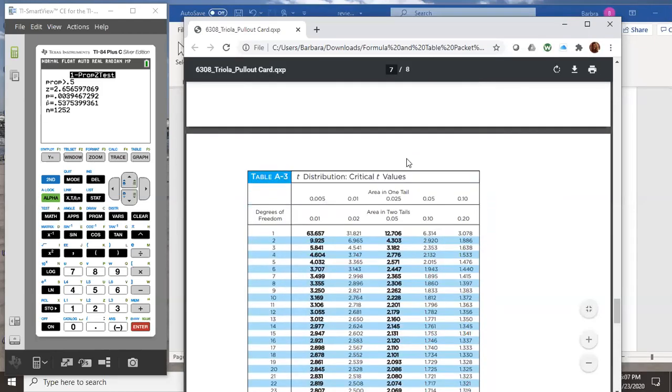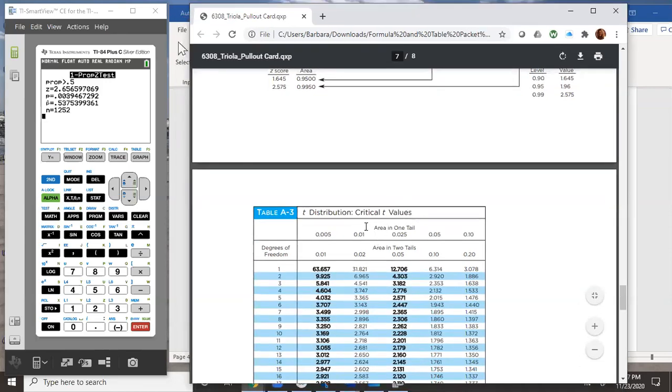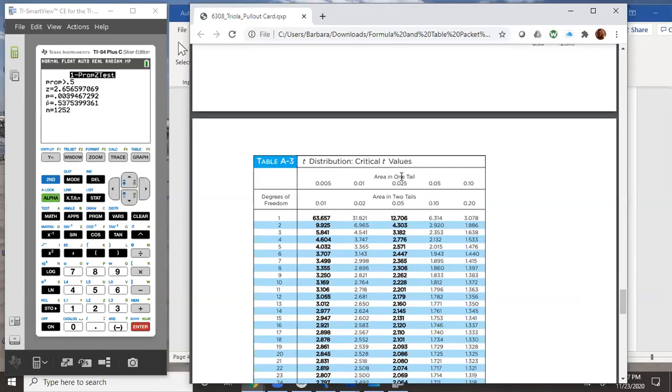But, by the way, it tells you, since we are doing a two-tailed test in this chart, we can just put the area in both tails as 0.05. It's under the same column as the area in one tail, if you notice.